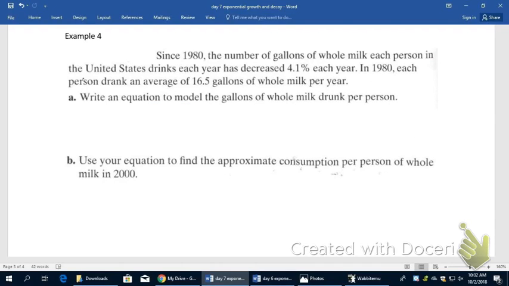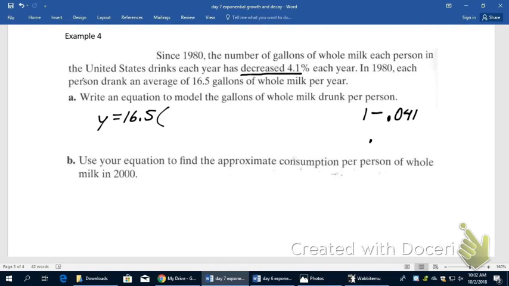So on this problem, we are again dealing with population. The population here is going to be gallons consumed of whole milk. Now y equals 16.5 is our initial amount of gallons that was being consumed. Now I need to find how much that's changing by, and the key word here is that it's decreasing by 4.1%. So when I do 1, I'm going to subtract away from it my 4.1%, which is 0.041.